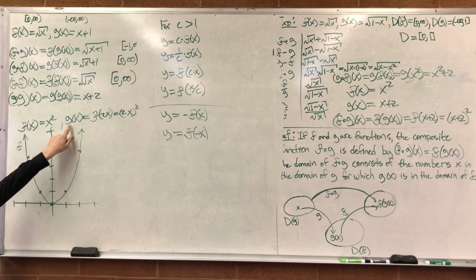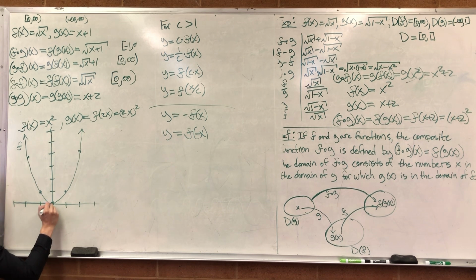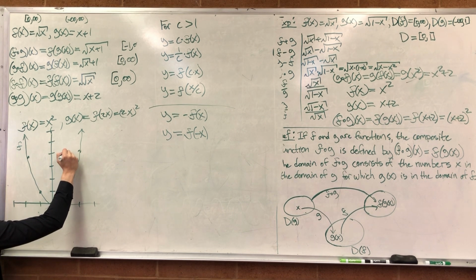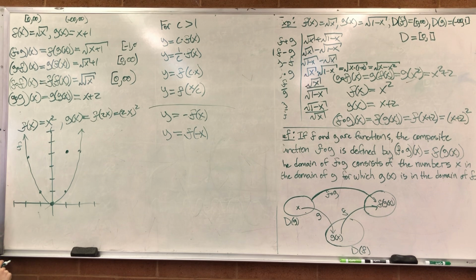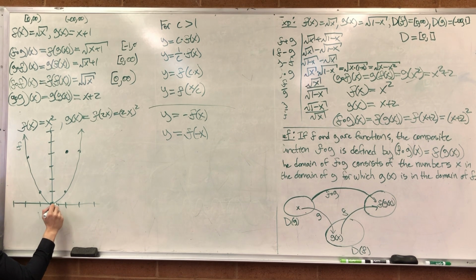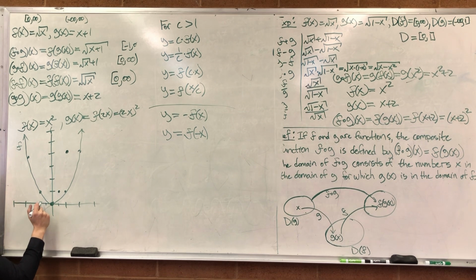Now let's plot what g looks like, which is f of 2x. When we plug in 0, what do we get? 0, that's good. When we plug in 1, what do we get? We get 4 already, right? Yep. When we plug in 1/2, what do we get? 1. When we plug in negative 1/2, what do we get?